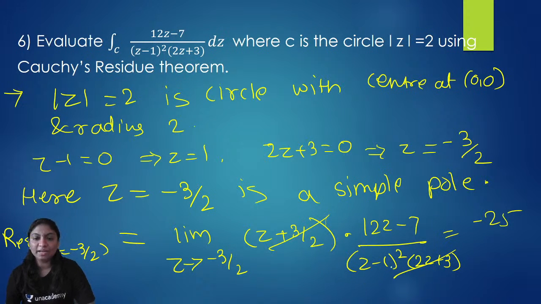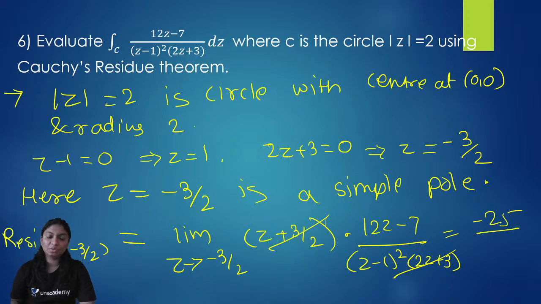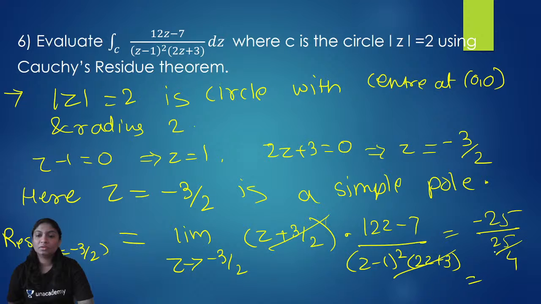In the denominator, minus 3 by 2 minus 1 is minus 5 by 2, and minus 5 by 2 whole square is 25 by 4. So 25 by 4 in the denominator and minus 25 in the numerator, and 25, 25 cancel out.